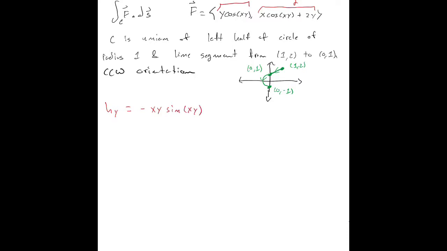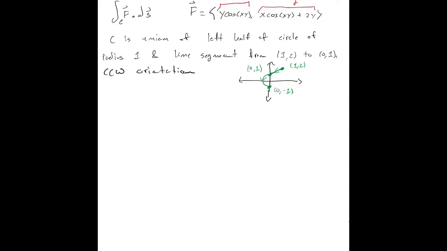And the derivative of little g with respect to x is equal to minus yx sine of xy. Of course, those two things are equal, so the y derivative of the first component is equal to the x derivative of the second component, so we can try to find a potential because we know one exists.